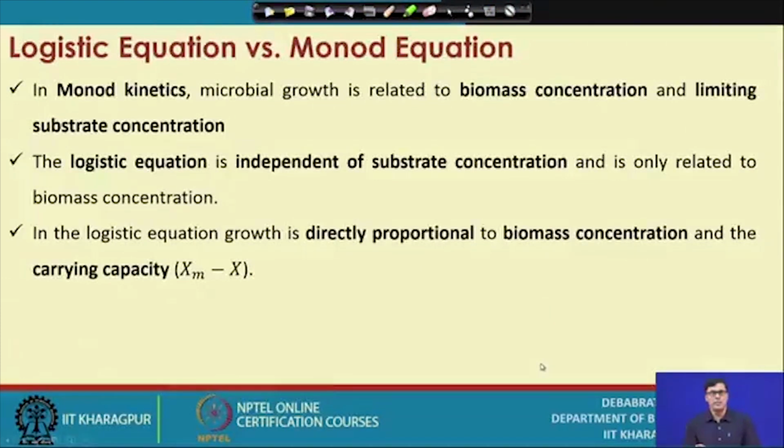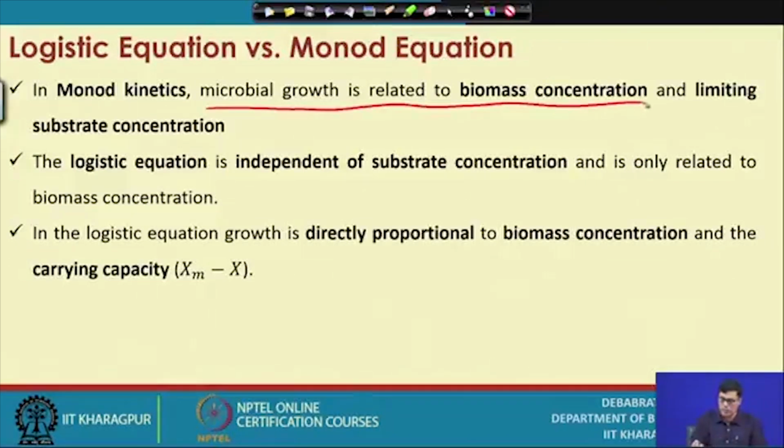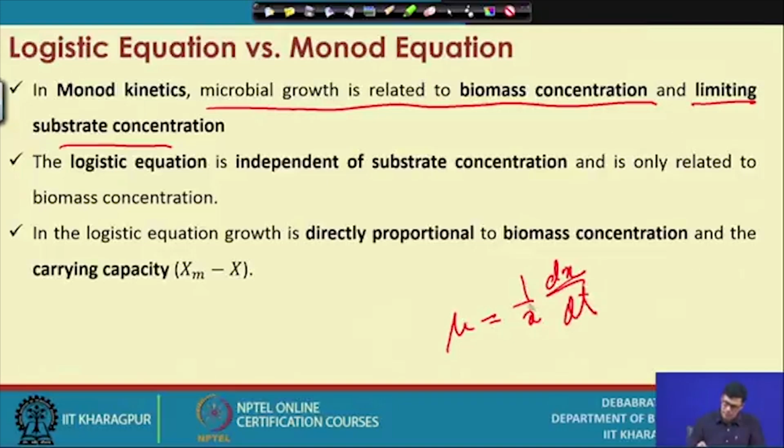So what is the difference between the logistic equation and the Monod equation? The Monod equation, as I pointed out, relates growth with the biomass concentration and limiting substrate concentration. Am I right? Biomass concentration, because when we considered mu, what is it? 1 by x dx by dt. So it depends on the concentration of the cells.